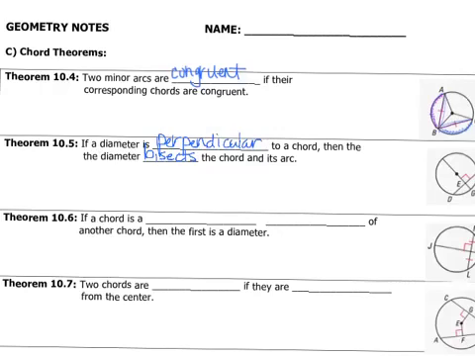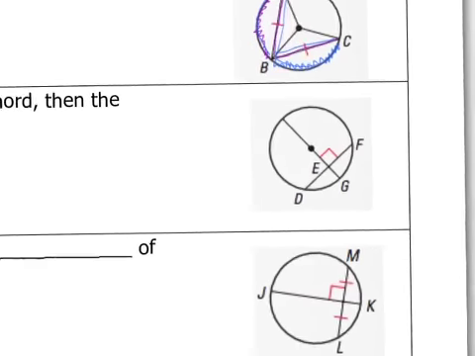Remind me what it means to bisect. Cut in half, good. Bisect means to cut in half. All right, so let's look at the picture.